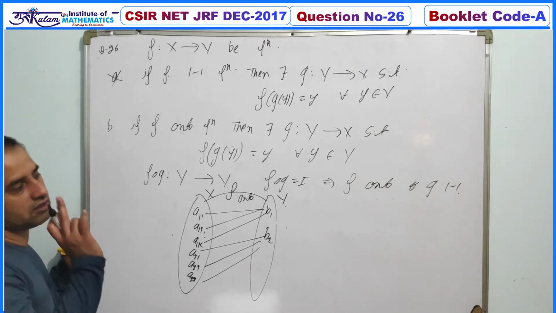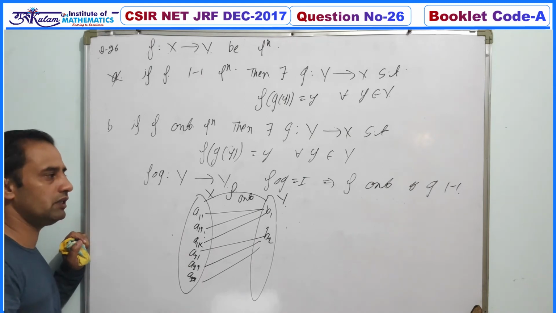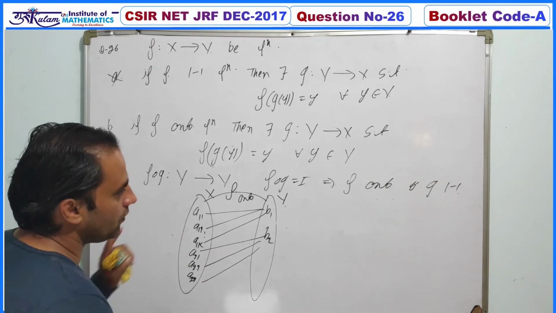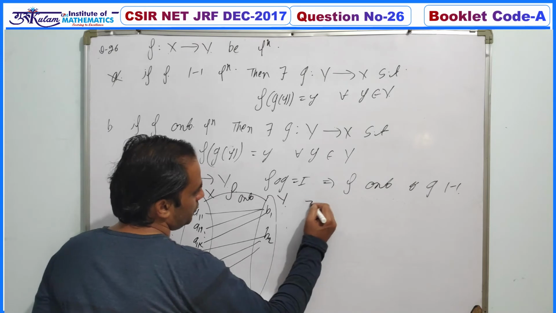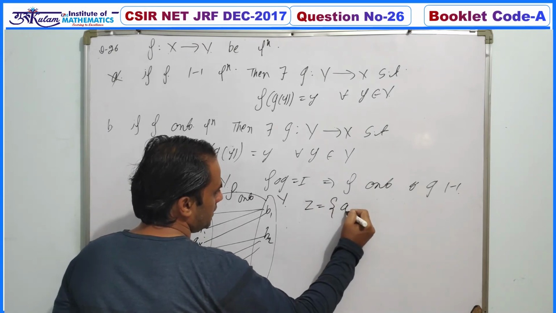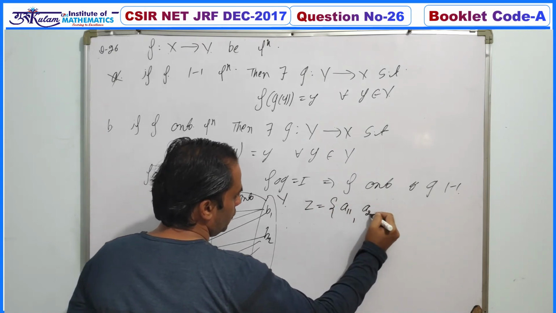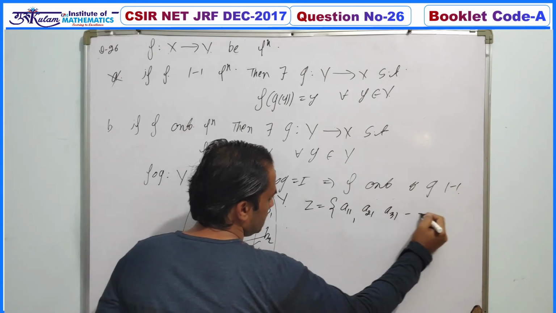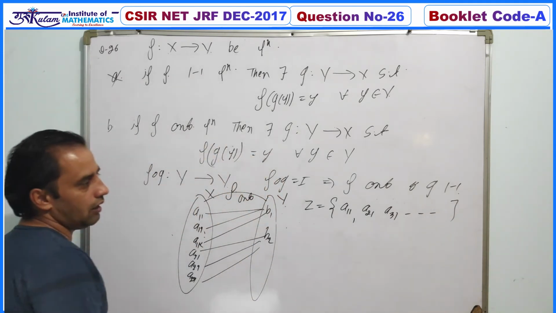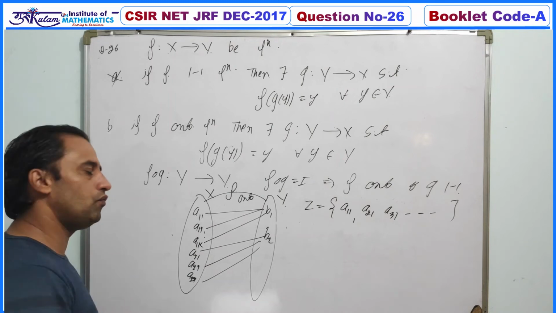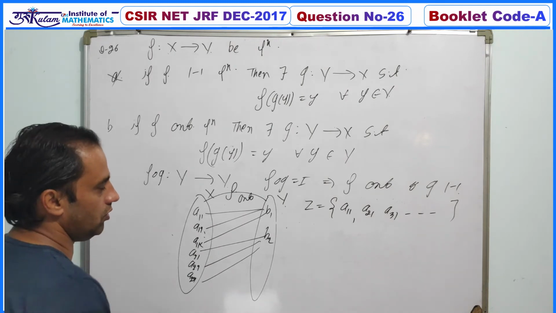Now we have to construct a g function which is from y to x, and it should be a one-one function. So let's define a new set z, which is a11, a21, a31, and so on. I am writing for a countable set. You can prove it for any uncountable set also.